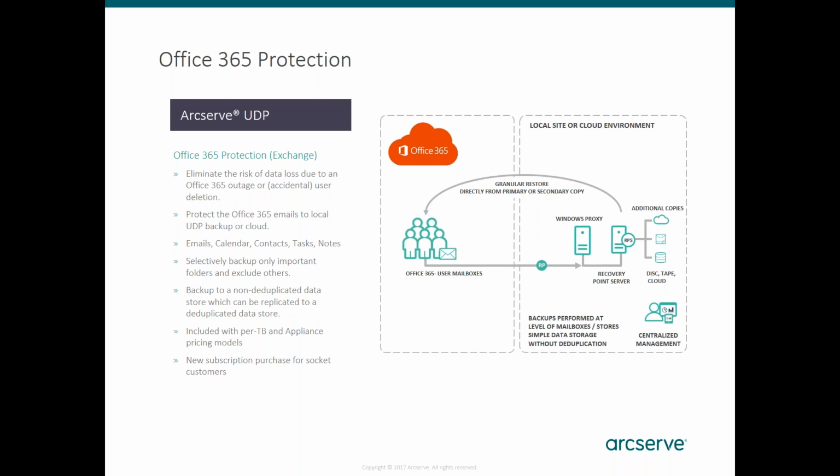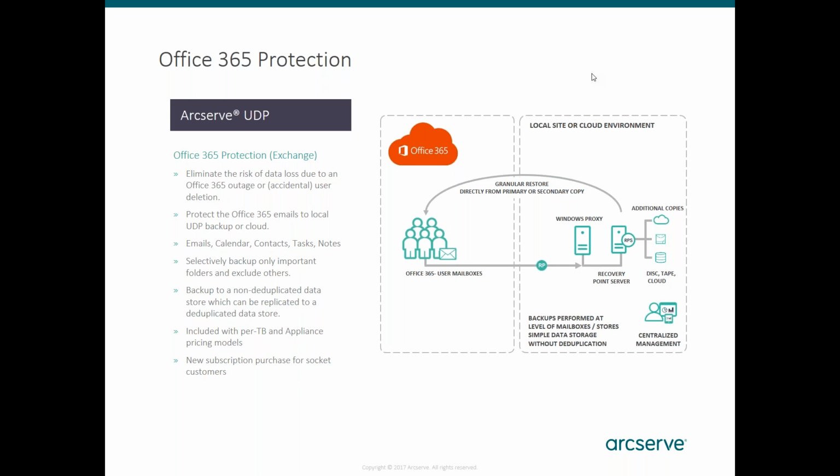As I've mentioned, we've had Office 365 protection in UDP 6.5 for quite a while, coming up for a year now. But what we've done in 6.5 update 2 is that the data that we back up from Office 365 can now be globally deduplicated with the rest of your backup data into the same data store.